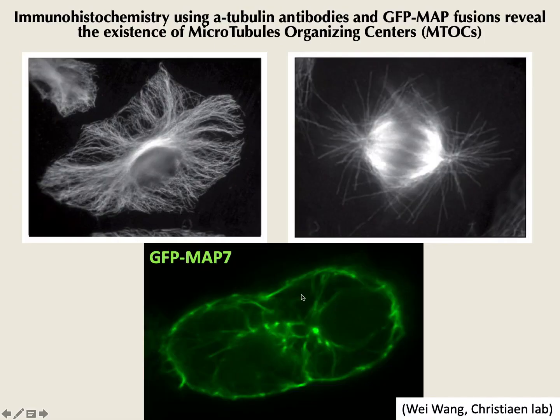In this kind of staining, an old staining a postdoc in my lab did, this is a place where you have a higher intensity of microtubule binding protein, and it also tends to radiate throughout the cell. And in dividing cells in the spindle, again, you have things coming out from here and then reaching out, right?